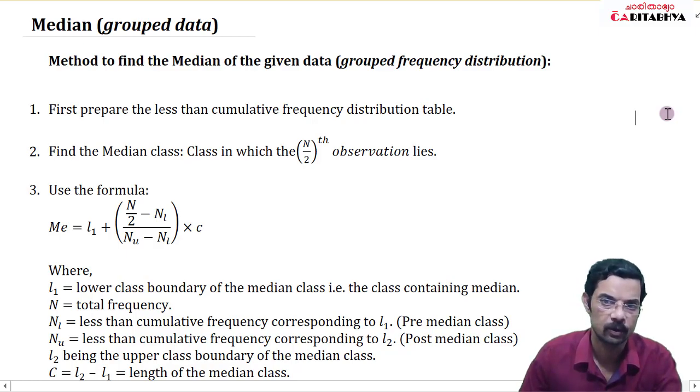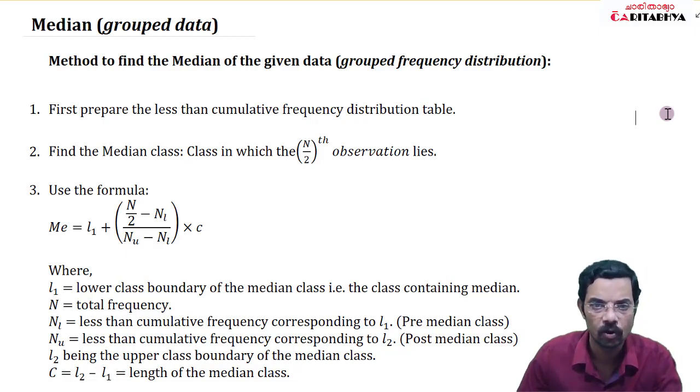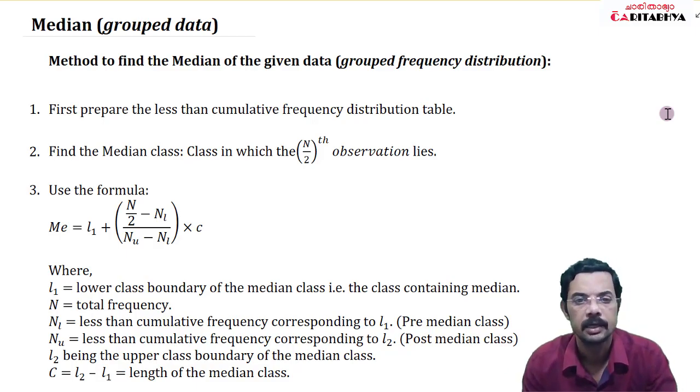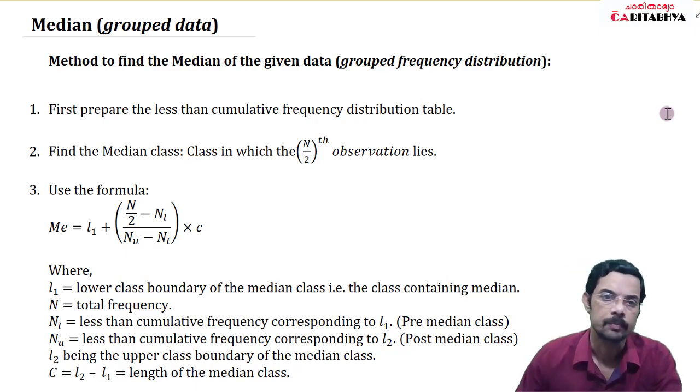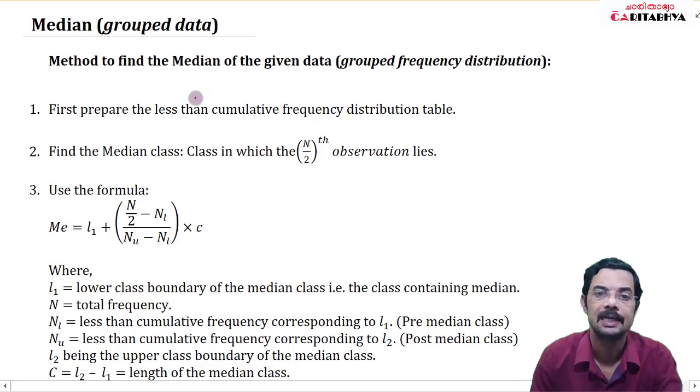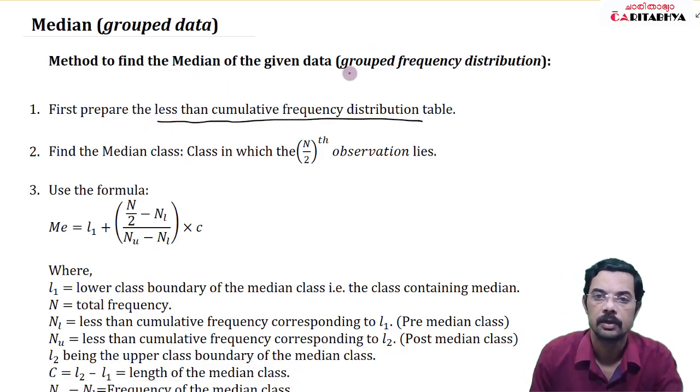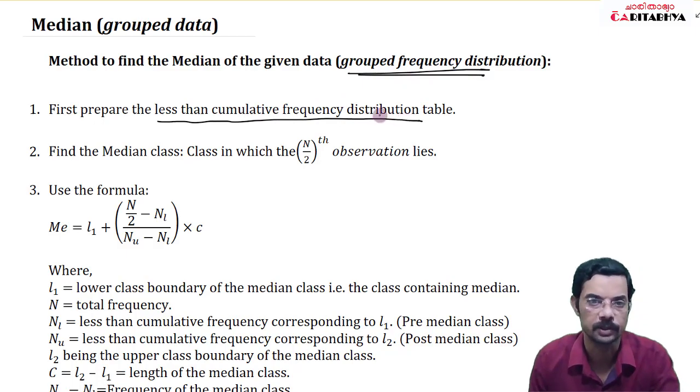Now this seems theoretical, but when we solve the examples, these things will be clear to you. So first listen to the terms of the formula and then we will go on to the problem. First we will prepare the less than type cumulative frequency distribution. If we have a grouped frequency distribution, we will convert it into a less than type cumulative frequency distribution.